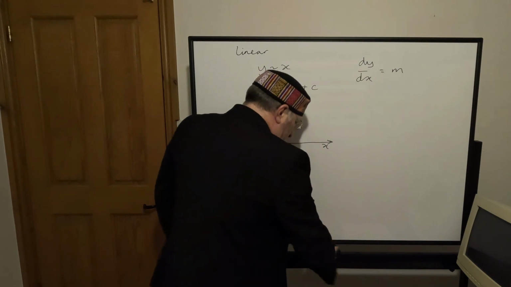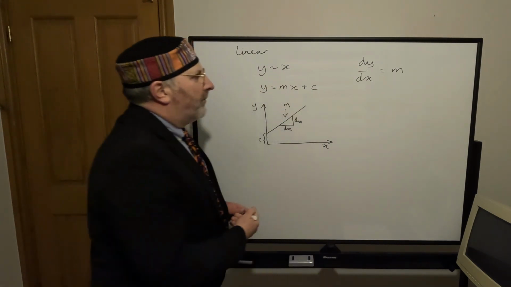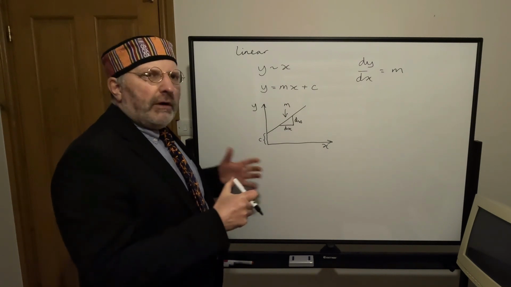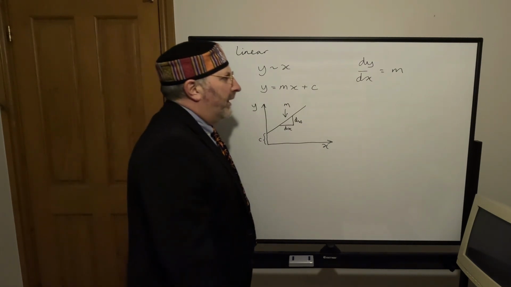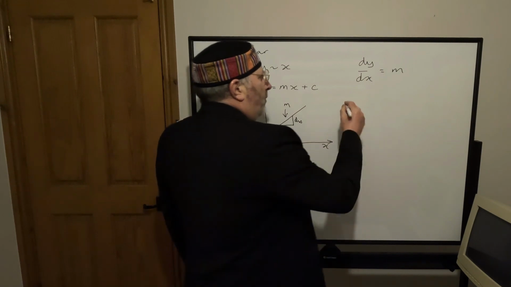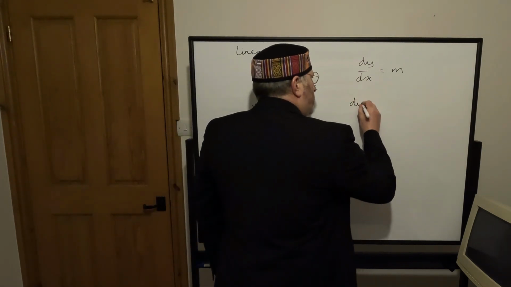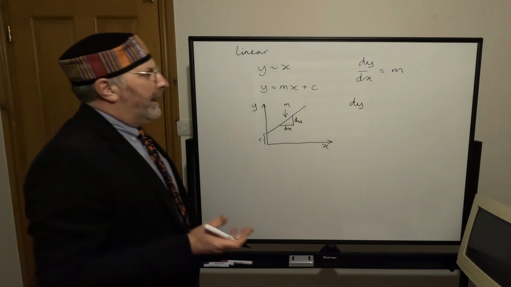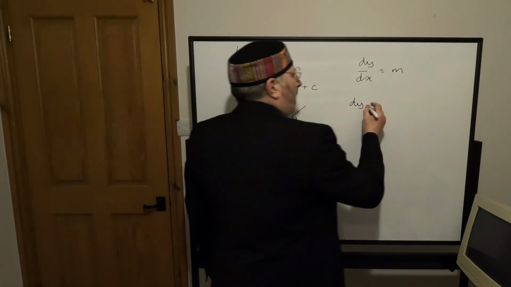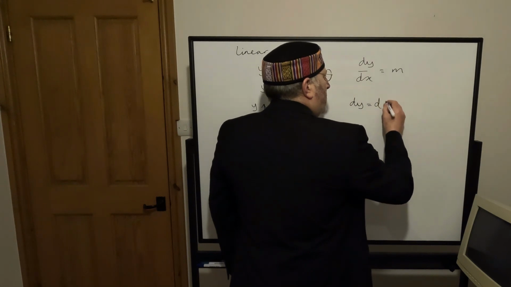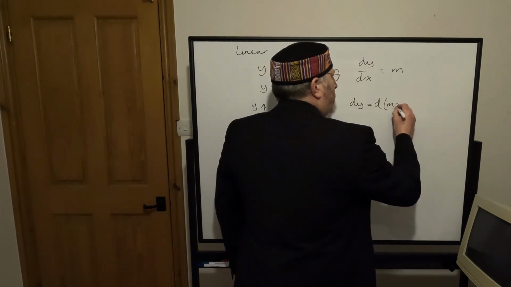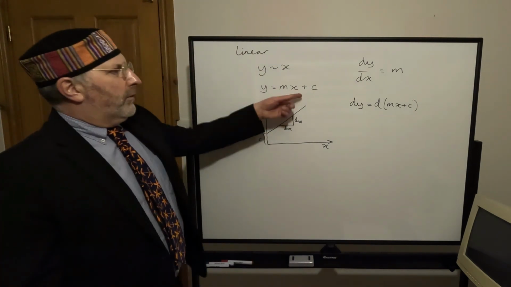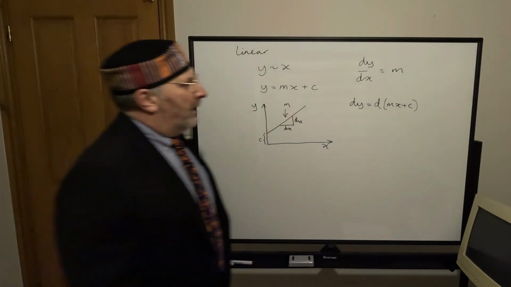Because this is a sort of technique or way of thinking about things that will become useful later on when we look at some of these mathematical historical theories. So we're interested in dy, the differential of y, the change in y. And that means we're interested in d of mx plus c, because y equals mx plus c.